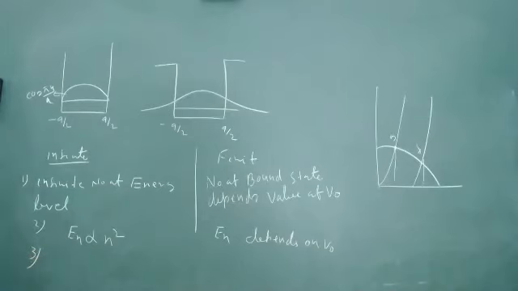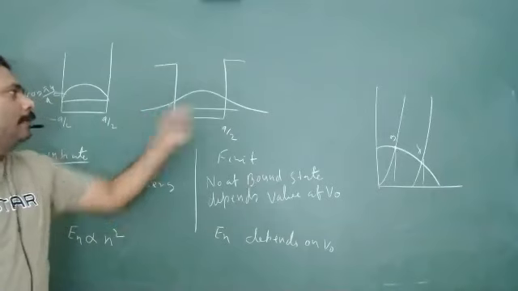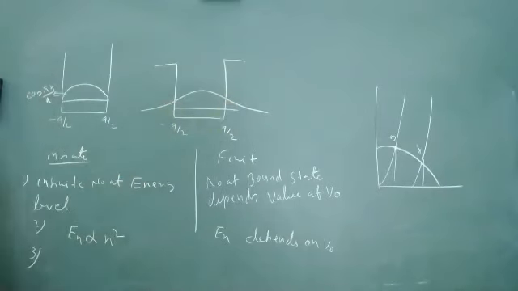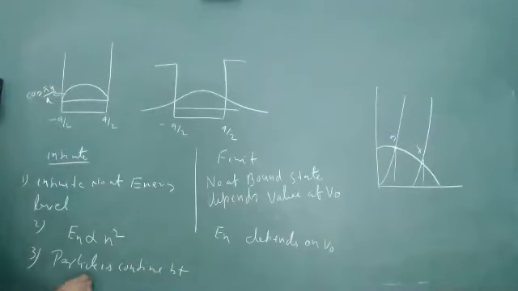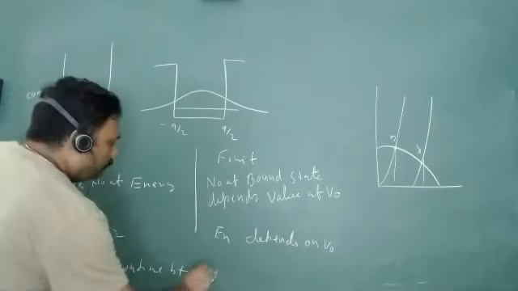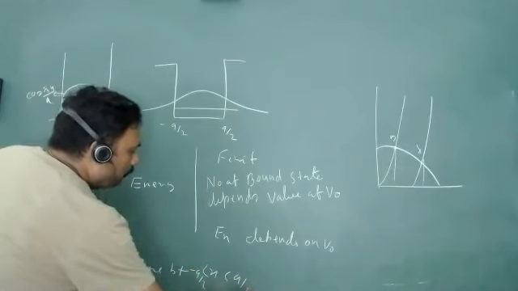And what is the third difference? The particle is confined inside this box. You cannot go beyond the box. But here there is a finite probability that you can find the particle outside the box. So the particle is confined between x equal to minus a by 2 to plus a by 2.